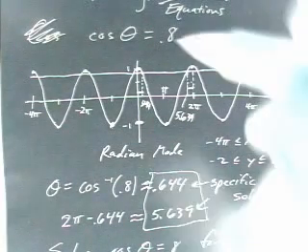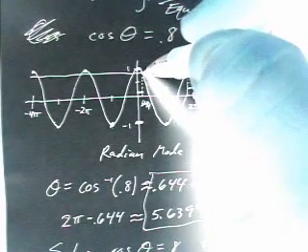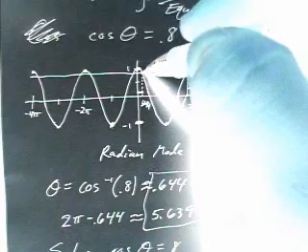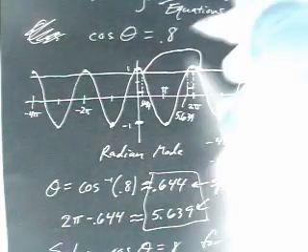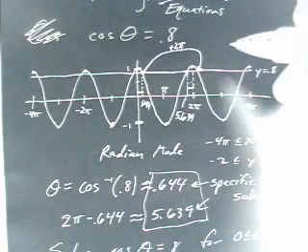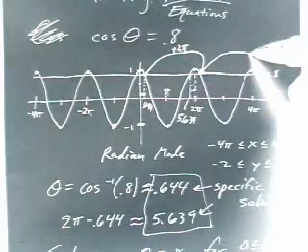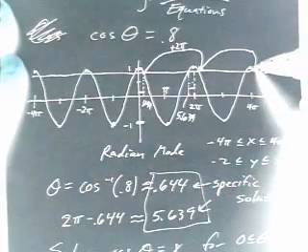For instance, family number 1 is named 0.644. And if I want to find another one of his cousins, I add 2 pi, and that would jump me up to here. Adding 2 pi because 2 pi is the period of the cosine wave. If I add another 2 pi, that would jump me over to this one, which is past 4 pi.